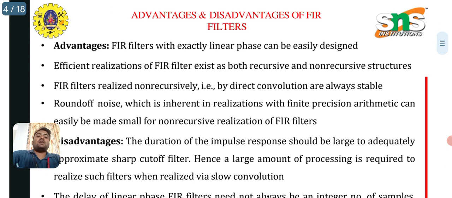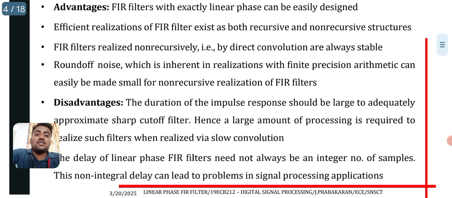Let me discuss the advantages and disadvantages of the filter. FIR filter with exactly linear phase can be easily designed, and efficient realizations of FIR filter exist as both recursive and non-recursive structures. FIR filters realized non-recursively by direct convolution are always stable.